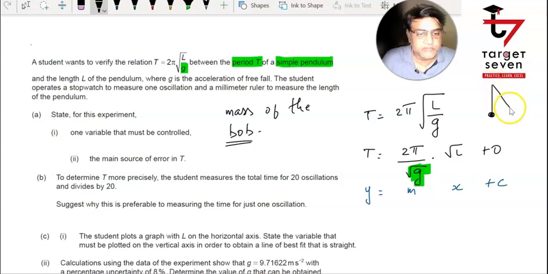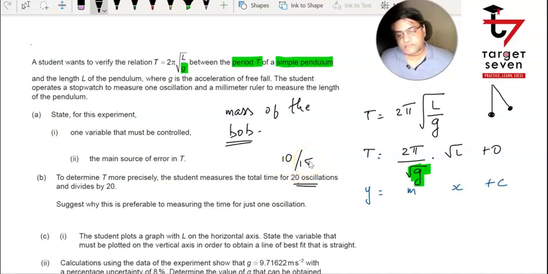Suppose you are letting the bob initially oscillate from this position. By the time we complete 20 oscillations, do you think the bob will be able to reach this point again? There is always a possibility of damping, and hence the amplitude of oscillation might get affected. So it is preferable not to go for 20, but to limit ourselves, say, to 10 or 15 oscillations.